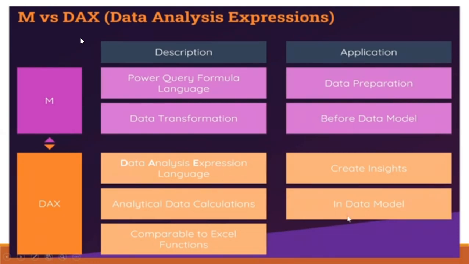M language is used for data transformation and data preparation, whereas DAX language is used for creating insights and analytical data calculations. This is a brief description of M language and DAX language. For today and tomorrow's session, we will focus on DAX language.